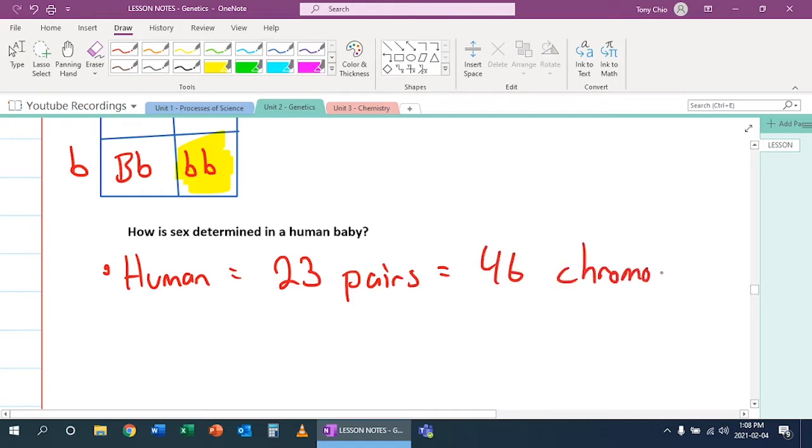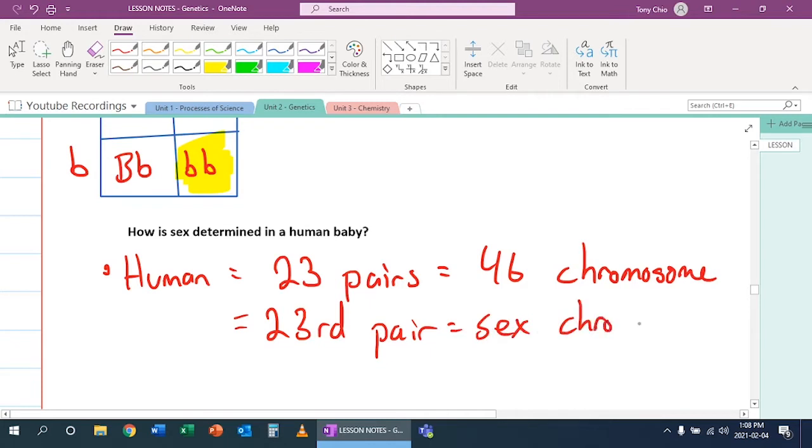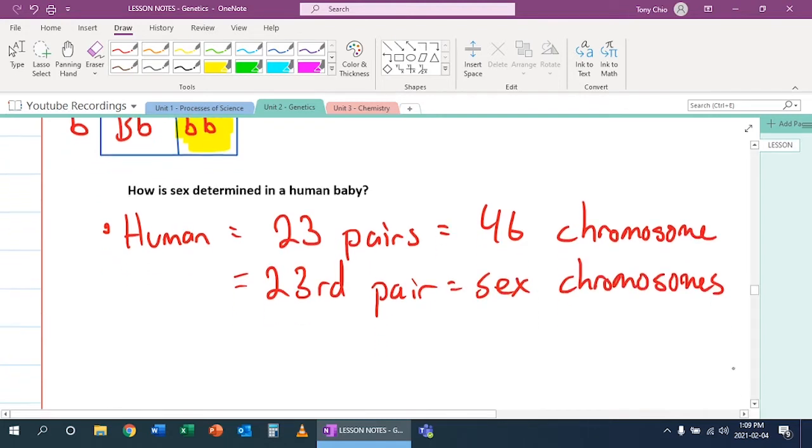And the 23rd pair is the sex chromosomes. Now, in the sex chromosomes, XX is female and XY is male.